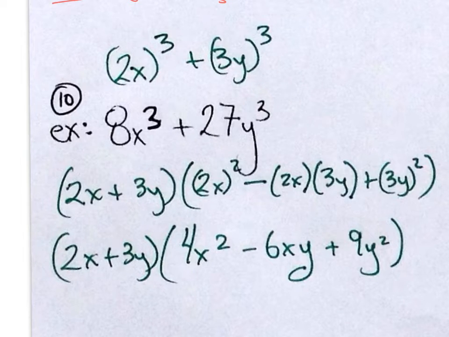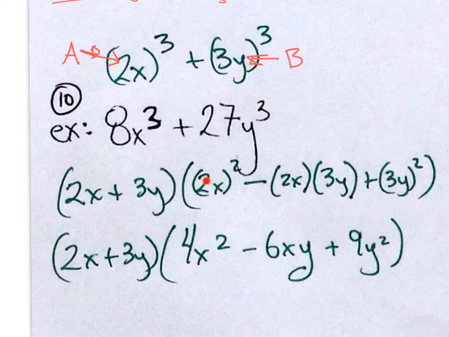So if you're looking at the formula on the previous page, it means this thing here, the 2x, is our a, and this thing here is our b. So we have a plus b and a squared minus ab plus b squared.